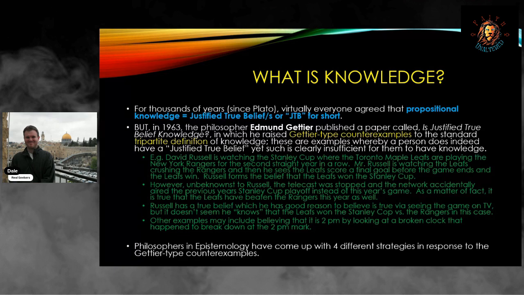And this is the second straight year in a row that the Toronto Maple Leafs are facing off against the New York Rangers in the final game of the Stanley Cup. And so Mr. Russell, he's watching the Leafs crushing the Rangers. They're beating them. And then he sees the Leafs score the final goal before the game finally ends. And bada bing, bada boom, the Leafs win the Stanley Cup. Of course, Canadians way better than Americans.